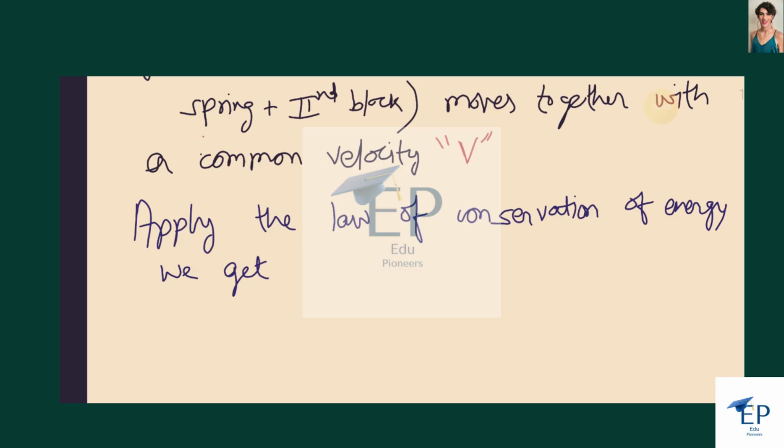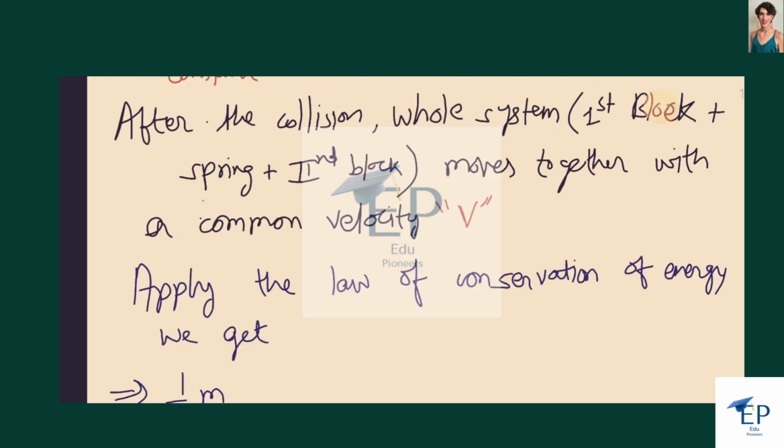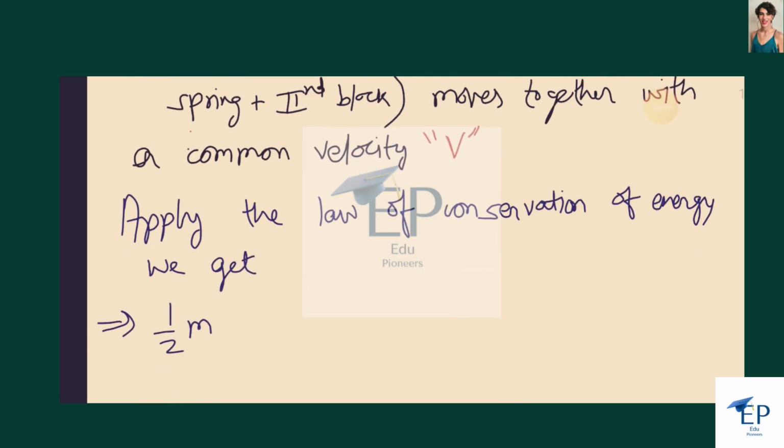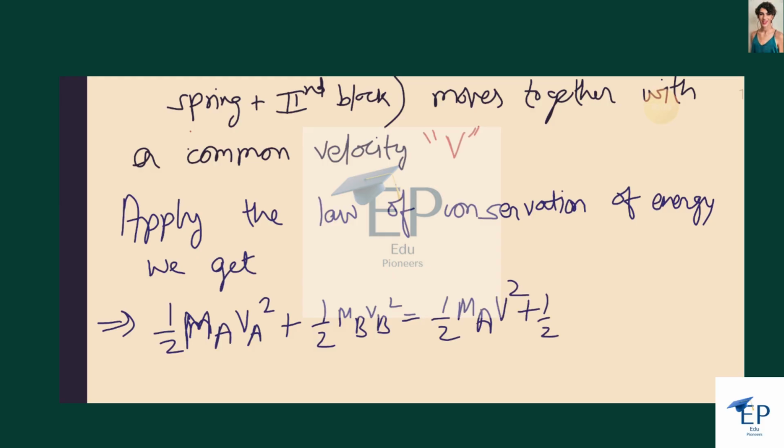So the left side is the total kinetic energy before collision, half Ma Va square plus half Mb Vb square, equal to half Ma V square plus half Mb V square plus the spring energy, half k x square.